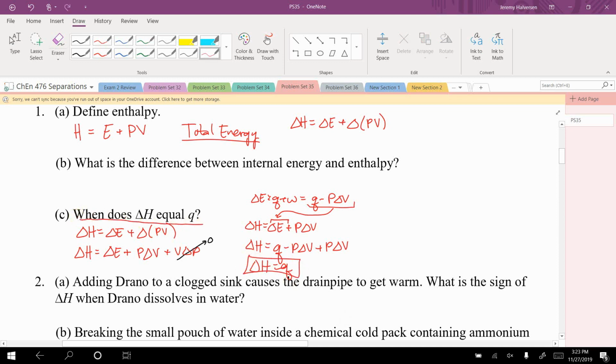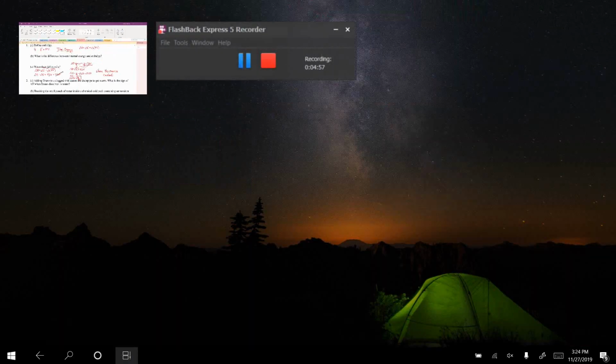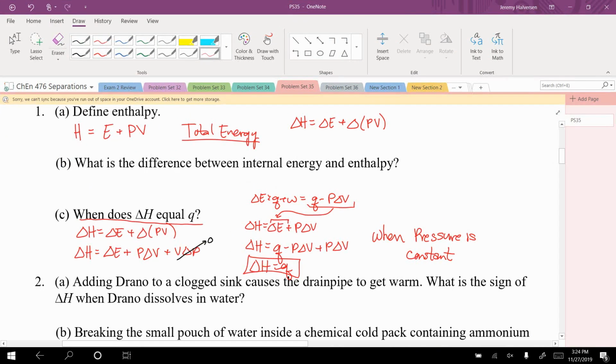When does delta H equal Q? Well, what's the one assumption that we made? The one assumption we made was pressure is constant. So the answer would be when pressure is constant. And you don't need to worry about determining when pressure is constant, because in Chem 105 pressure is always constant. So you are in good shape there.